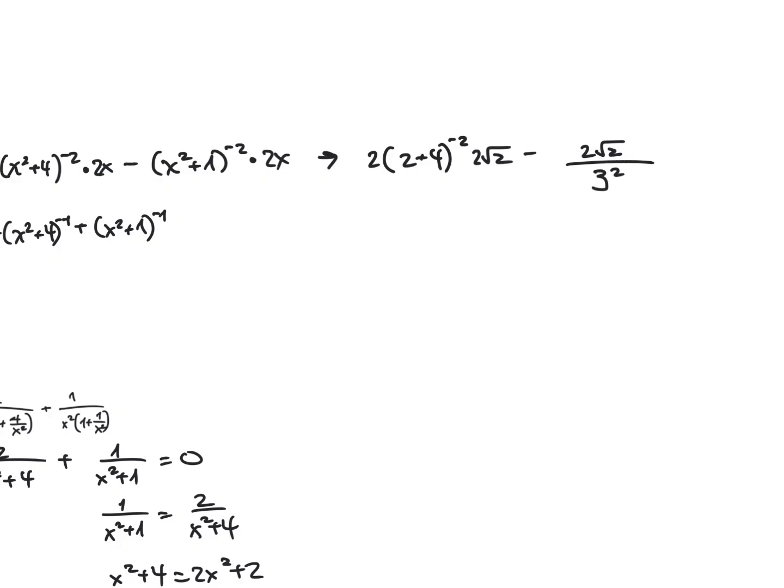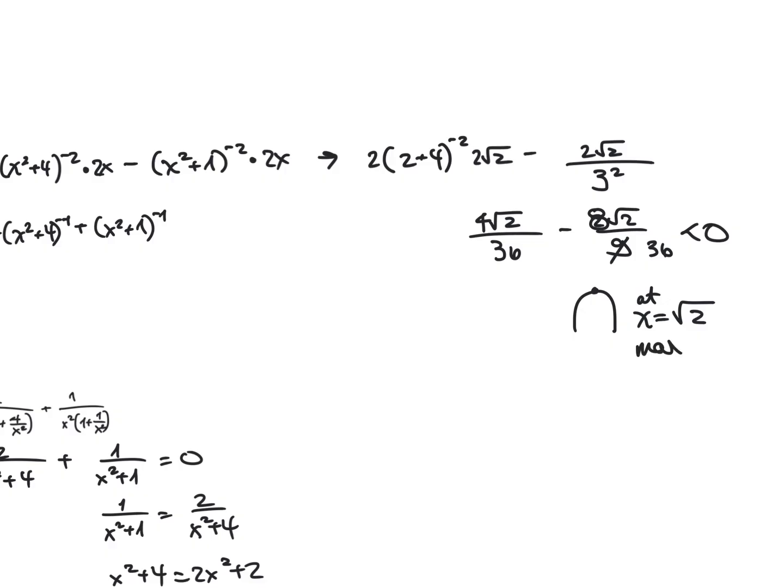All right, so this is 4 root 2 over 36 minus 2 root 2 over 9, which is 8. So this is less than 0. So that means it's concave down. So at x equals root 2 maximum.